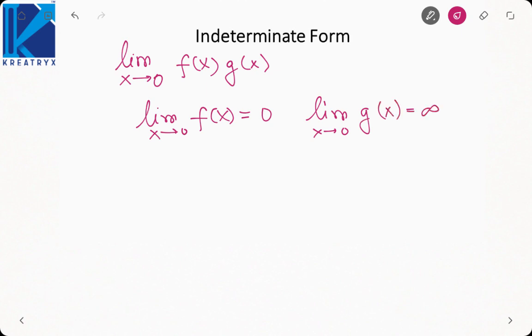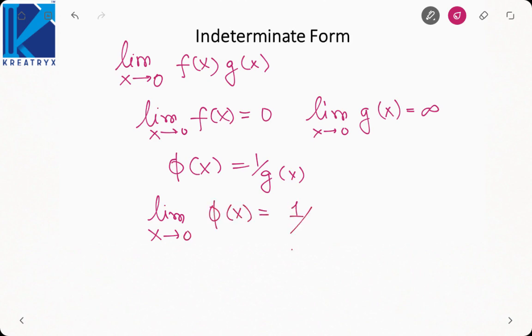In that case, you are dealing with the expression that is 0 multiplied by infinity. So what I will do is I will define a new function phi(x), which will be 1 by g(x). So limit x tending to 0, or x tending to some other number, of phi(x) will be equal to 1 upon limit x tending to 0 of g(x). So 1 by infinity will be 0.